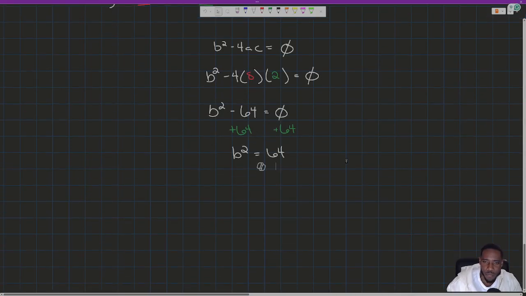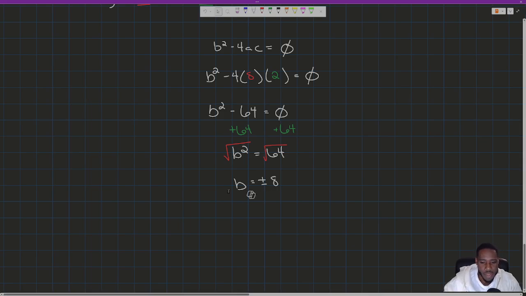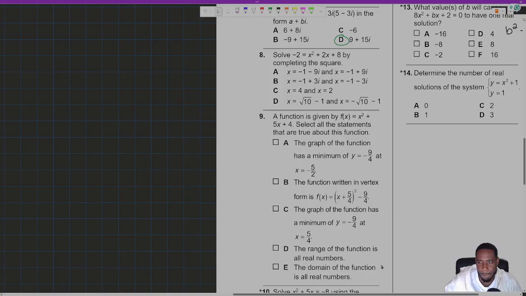And the last thing we're going to do to get b by itself is to take the square root to cancel out that square. We're going to end up with b is equal to, the square root of 64 has two possible solutions. We could either say that it is negative or positive 8. And so our answers, the two numbers we could plug in to make this equation equal 0, are negative 8 and positive 8.